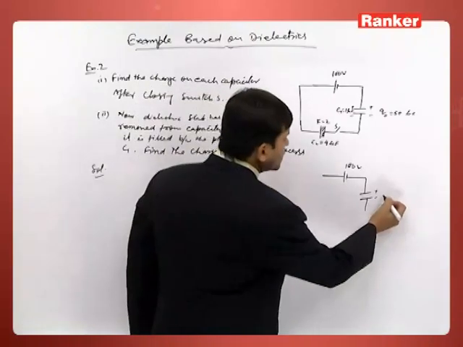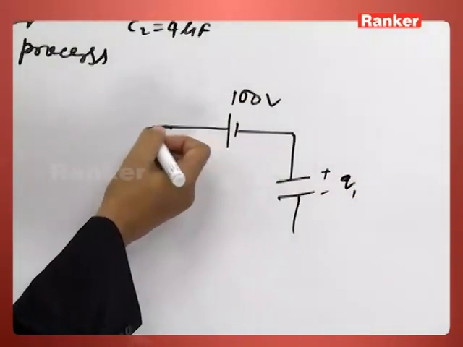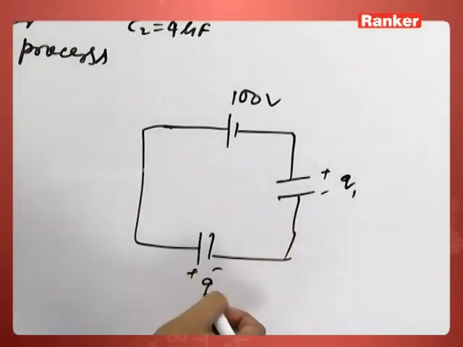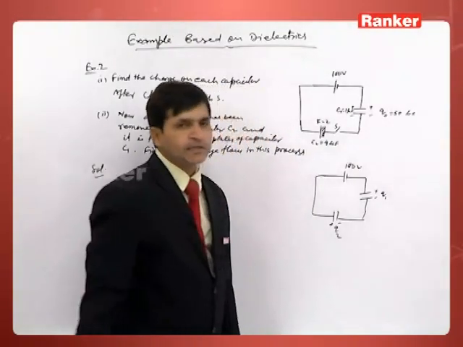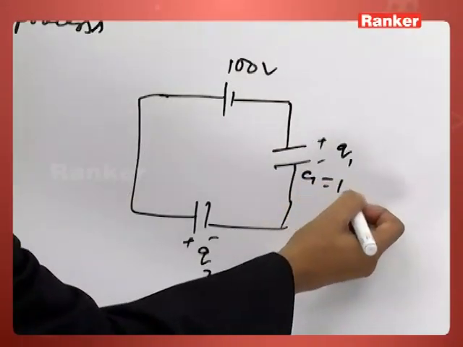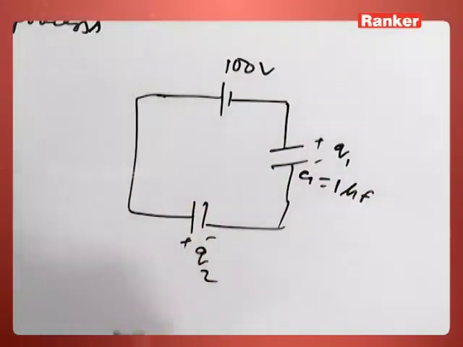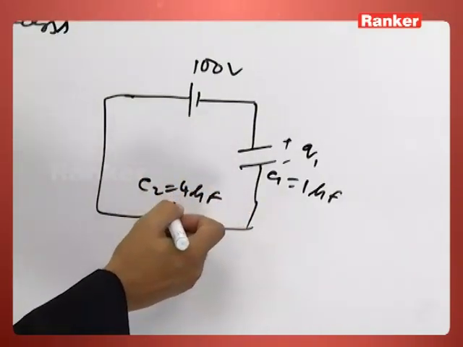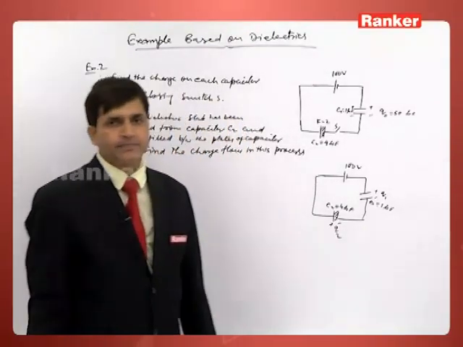Let after distribution of charge remain only Q1 and here let the charge be Q2. This is just our assumption. And the capacitance of this is given as 1 microfarad and this capacitance is 4 microfarad along with the dielectric.